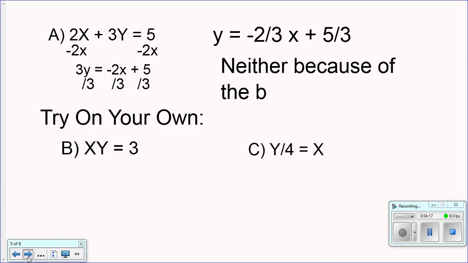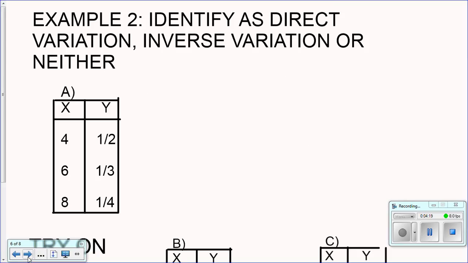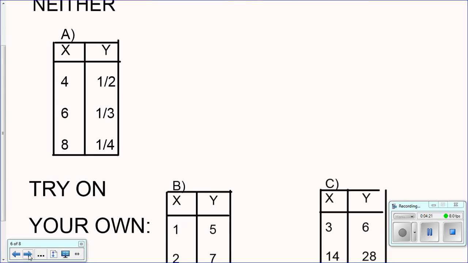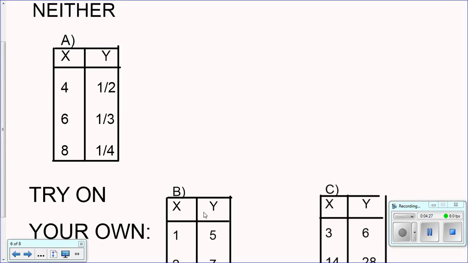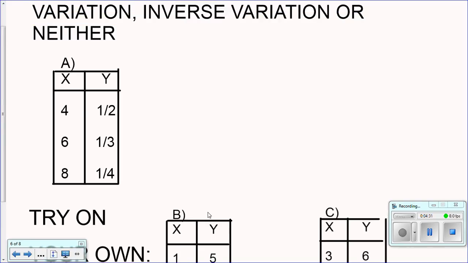Okay, example 2 is with tables, so again, I'm going to do A with you, and then you are going to do B and C on your own. Sorry, the tables are very janky.